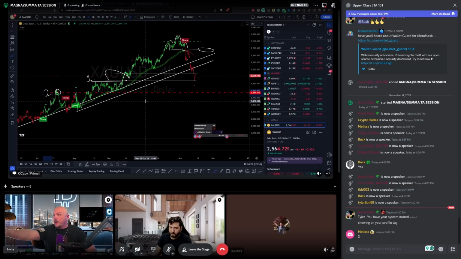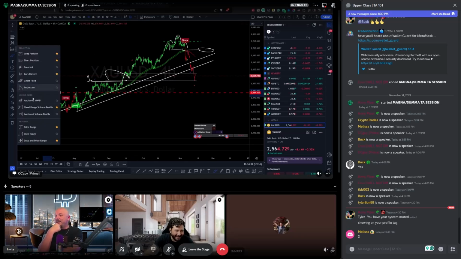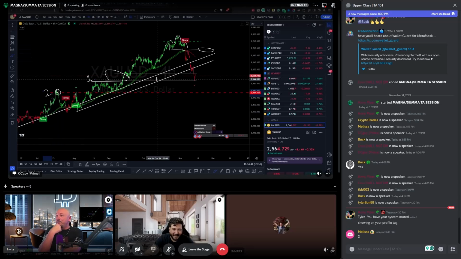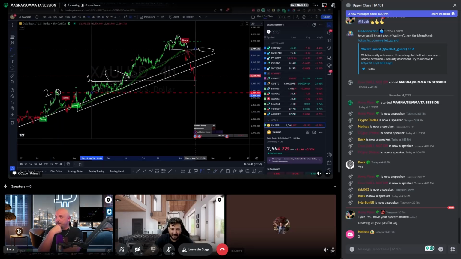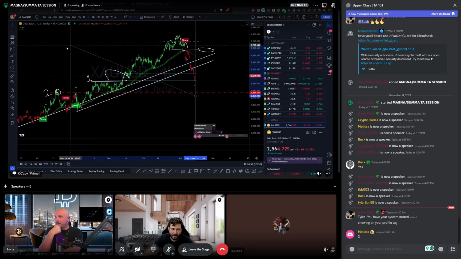OC, can you do me a favor? That area there from about the strong pump over to your Mexican spaghetti, can you put a fixed range volume profile just in that area? Yep, right in there. And then Buck can explain it because you'll have a visual to go with it. Back further. All right, this one here.